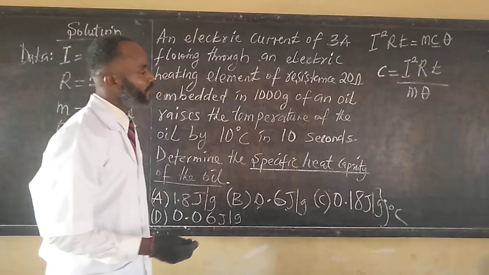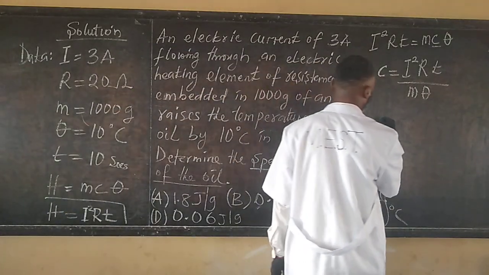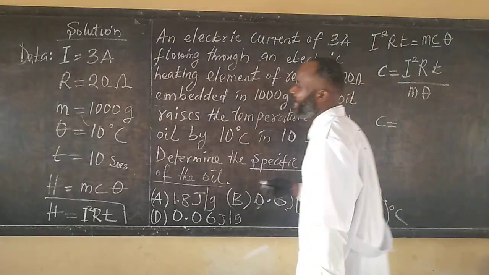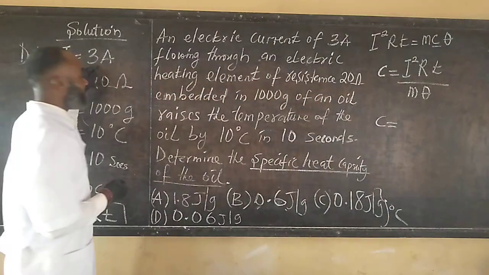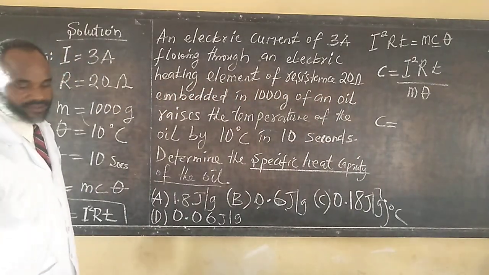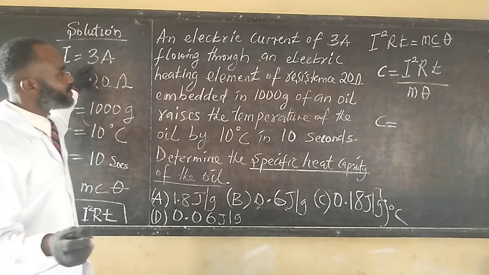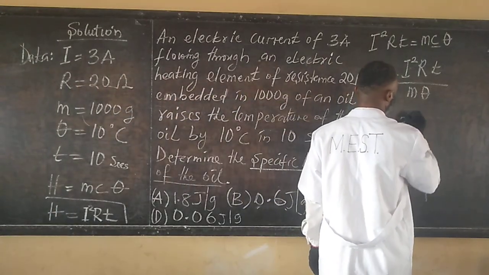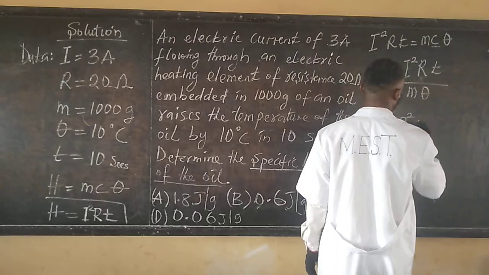And finally, we substitute. How do we substitute here? For I, we have 3 amps, that is current, so 3 squared. Resistance, we have 20.